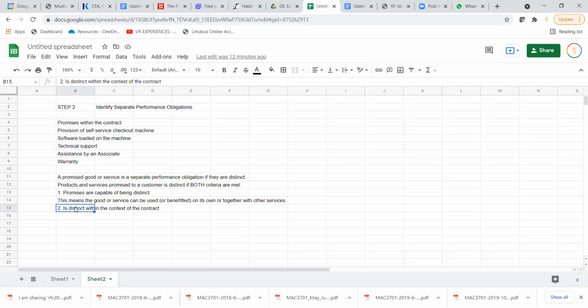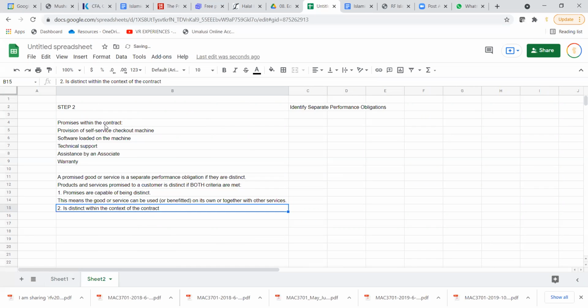So given the context of the contract, because the software is an integral part of the machine, it does not meet point number two. It is not distinct within the context of the contract. So because point number two is not met, the machine and the software are not two separate performance obligations, but rather they are one performance obligation. Okay, so that's important to understand.